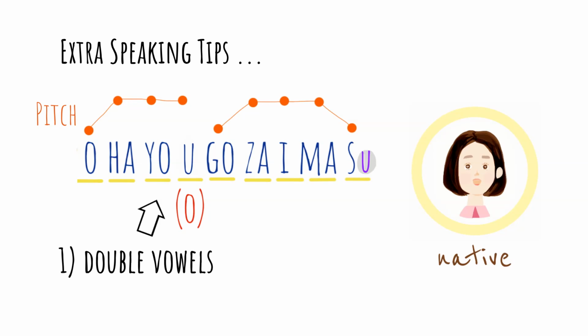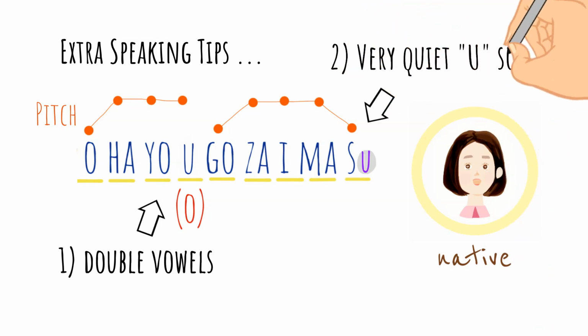Instead, we say Ohayou gozaimasu. Second, the end of the sentence, su. We don't clearly speak su at the end of the sentence. For example, we don't say Ohayou gozaimasu. Instead, we say Ohayou gozaimasu.